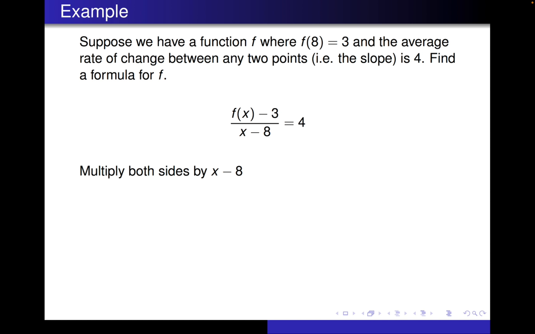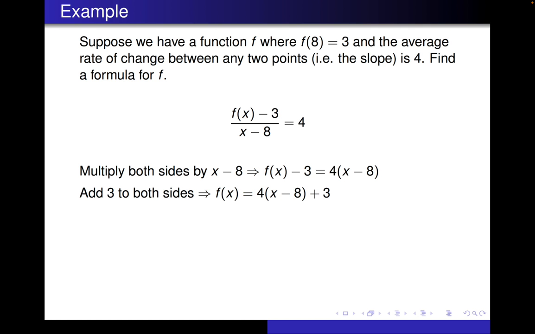On the left side the x minus 8 cancels to give f of x minus 3, and on the right side we get 4 times x minus 8. Now it's a matter of solving for f of x. The easiest thing to do is add 3 to both sides. We get f of x equals 4 times the quantity x minus 8 plus 3.